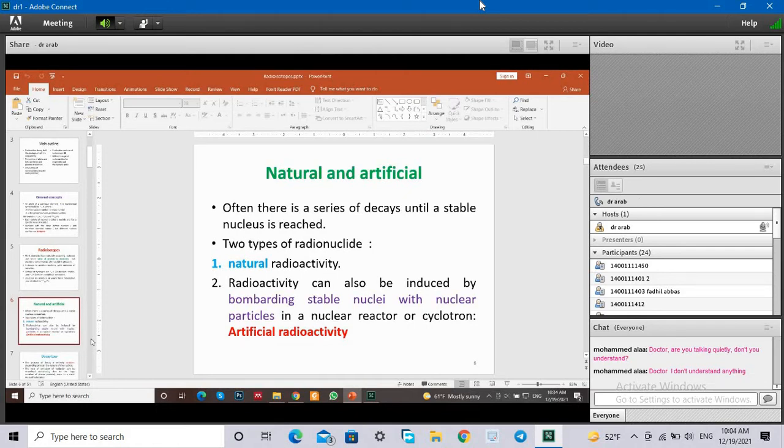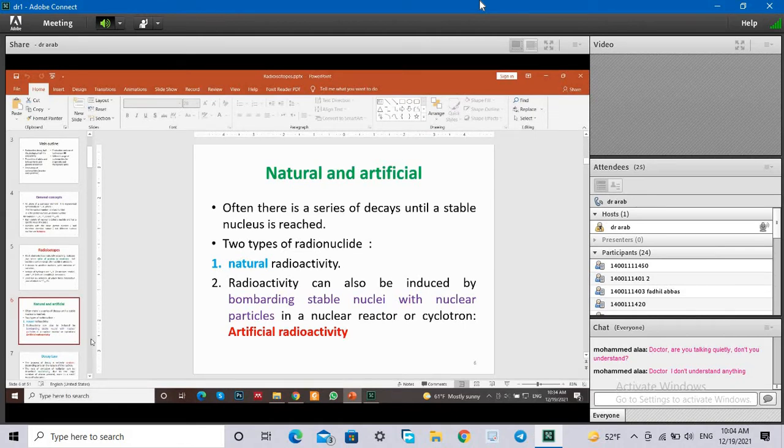When a radionuclide decays, sometimes it happens with one reaction, and sometimes a series of decays can occur until it reaches a stable state. And in the environment, we have two types of nuclei with radioactivity. Some of them are naturally radioactive, and others are called artificial radioactive.